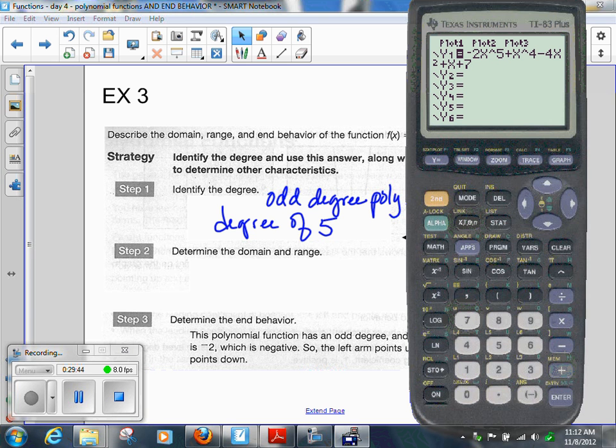Do I have that plugged in correctly? Don't let me make a careless mistake. It would be horrible to do this problem with a careless mistake. Negative 2x to the fifth plus x to the fourth minus 4x squared plus x plus 7.